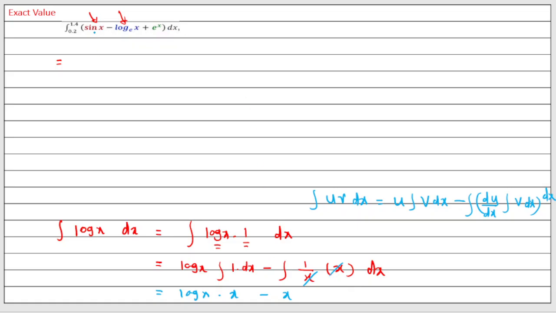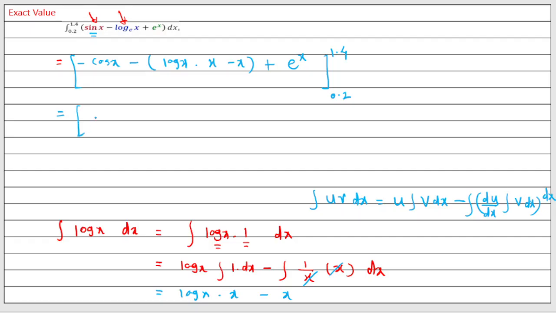We know the integration of sin x is minus cos x, minus the integration of log x, which is log x into x minus x, plus integration of e raised to x, which is e raised to x, and I'm going to integrate this from 0.2 to 1.4.